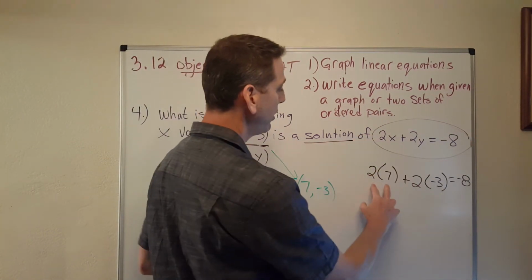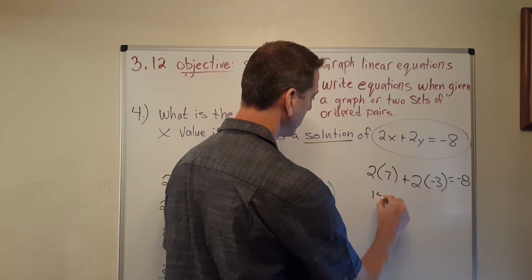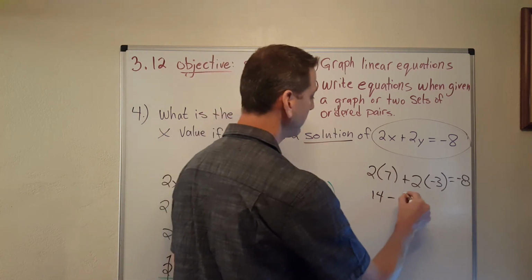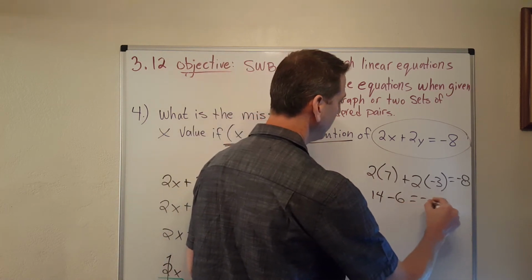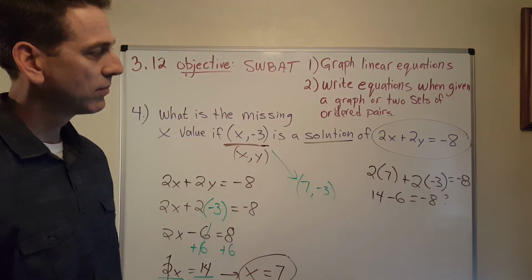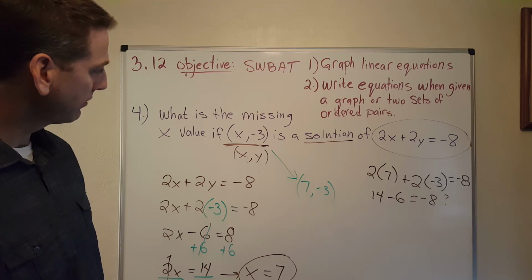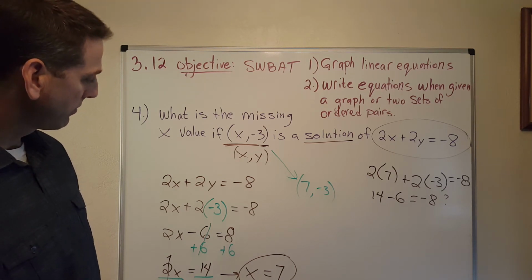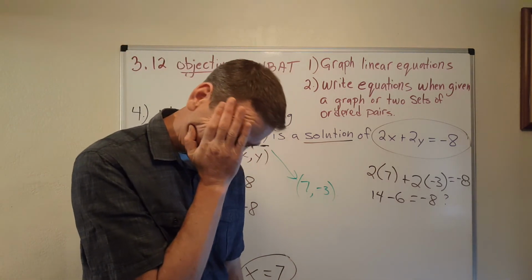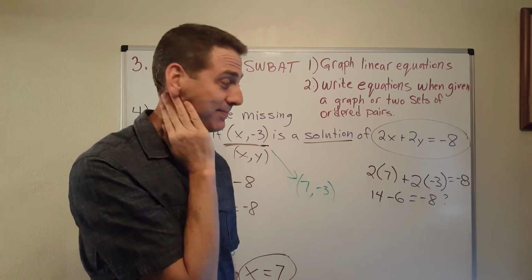Okay, let's go ahead and multiply. 2 times 7 is 14. 2 times negative 3 was negative 6. Does that equal negative 8? Something went haywire here. I did something wrong, ladies and gentlemen.